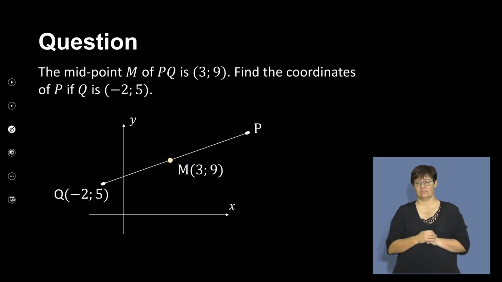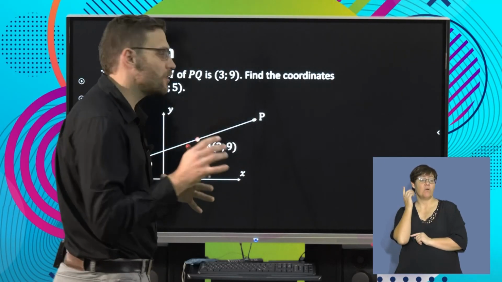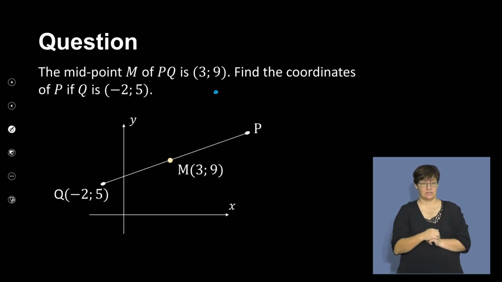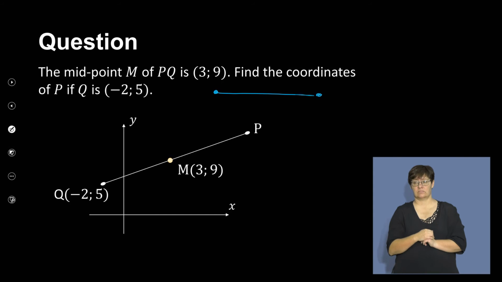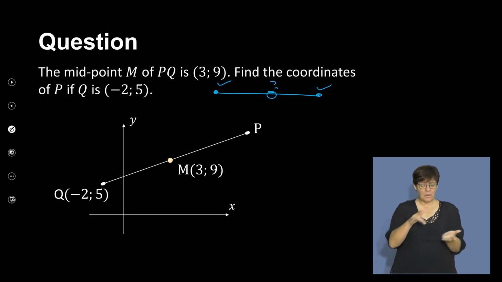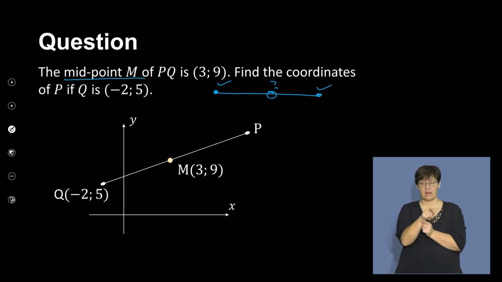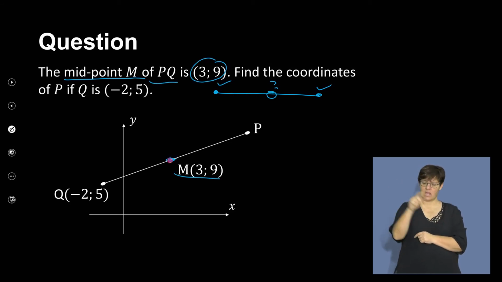The next question is a little bit different. In the previous question, we had the two endpoints, and I had to find what is this point in the middle. If we read this question, they say the midpoint M of PQ is 3, 9. They've given me the midpoint.